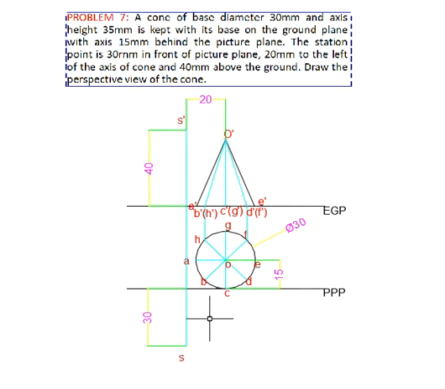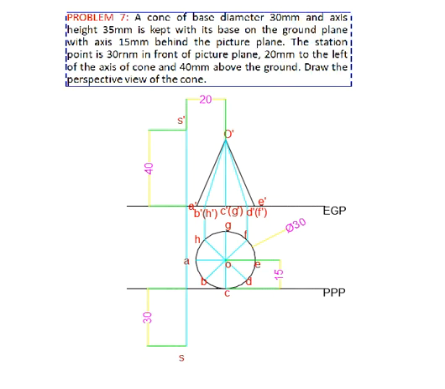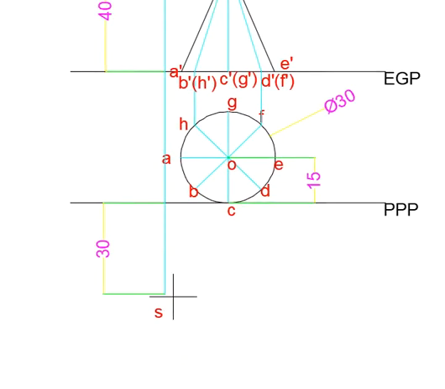After marking S dash and S, you can draw visual rays in the top view and front view. First draw visual rays in the top view. Point C is already on the picture plane, so actually you don't have to draw that visual ray.